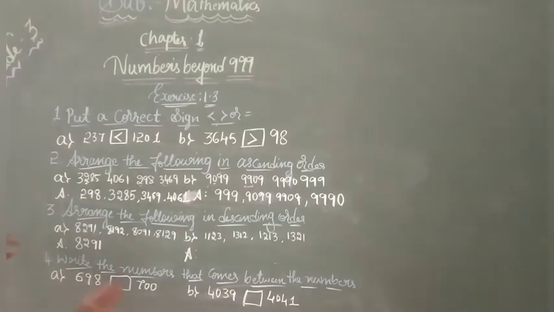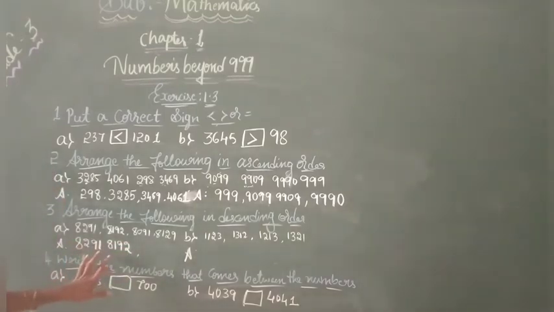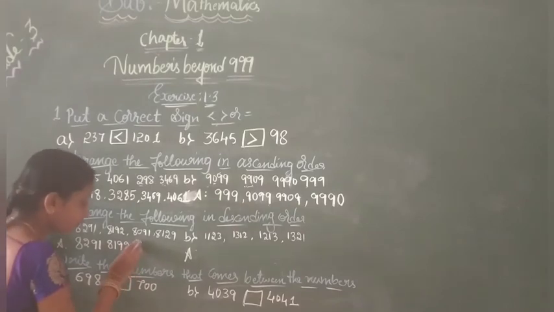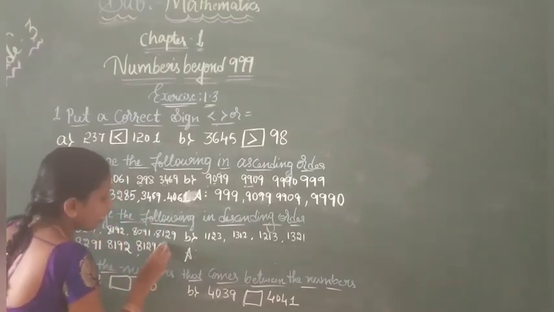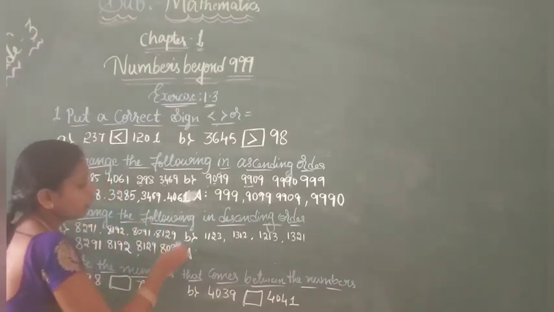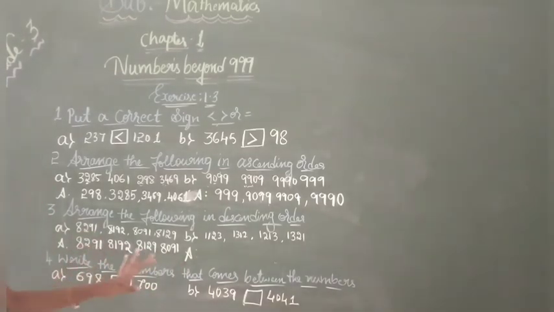Next number is 8192. Next, 8129. Next, 8091. Is it clear? Any doubts?